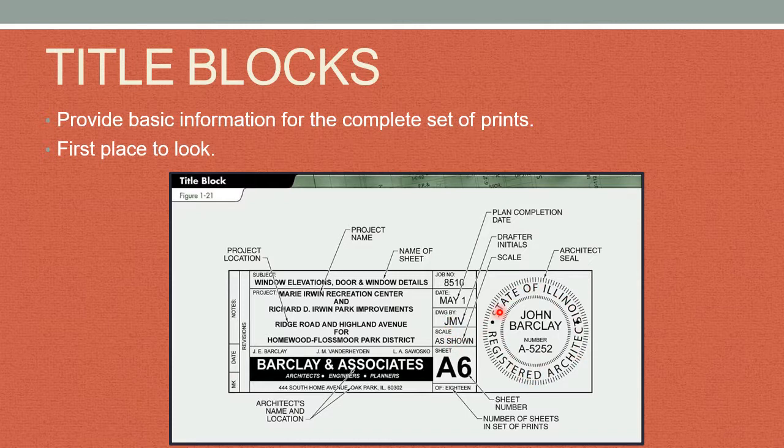You may find the seal from a registered architect, sheet number 18. So again, if you were handed this sheet only, rule number 1 would apply. Who the architect is, who designed it.